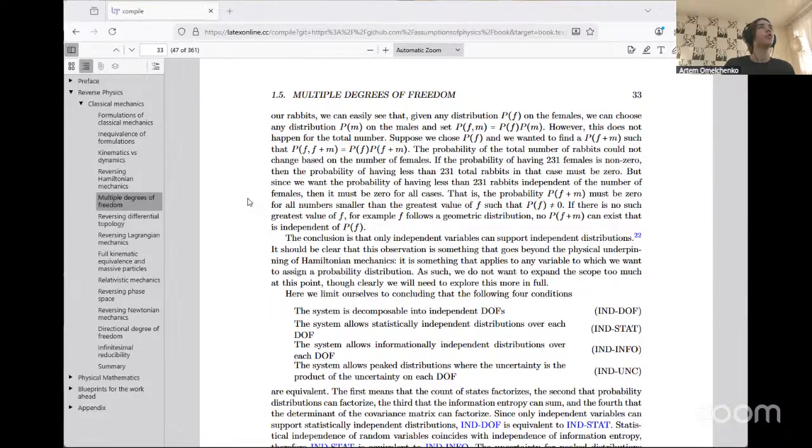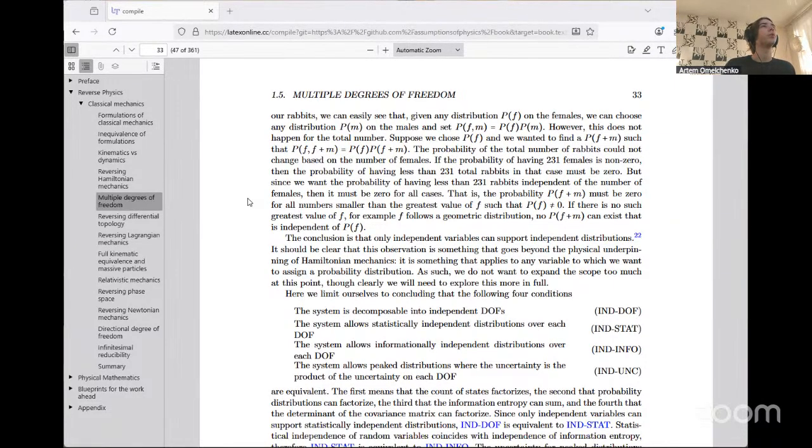Suppose we chose P of F and we wanted to find P of F plus M such that P of F and F plus M factorizes into those two. The probability of the total number of rabbits could not change based on the number of females.